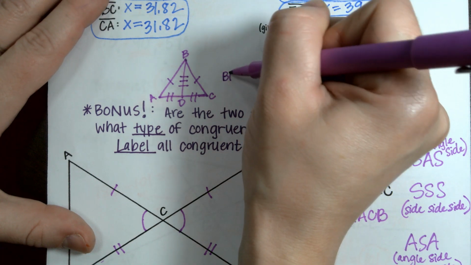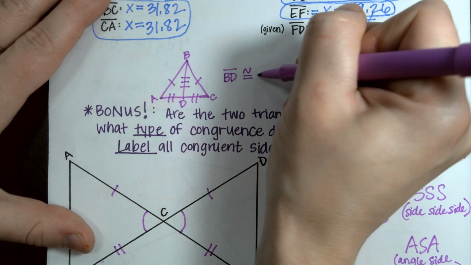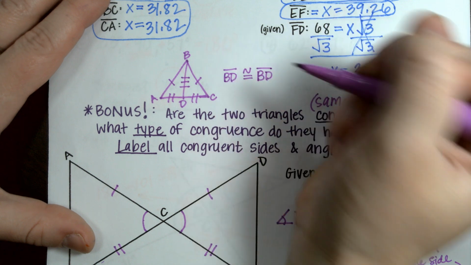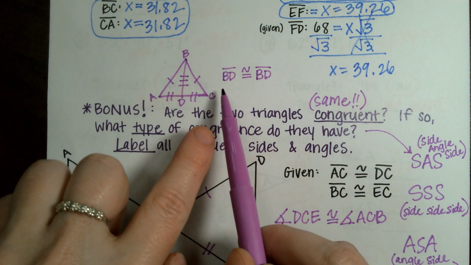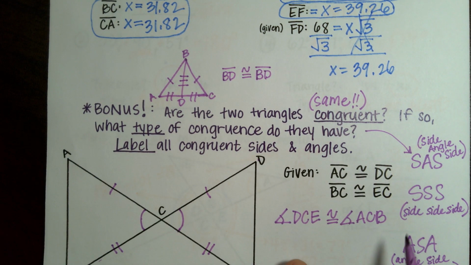So in that case, we'd say BD congruent to BD. Sides we only have to label with two letters, angles we label with three.